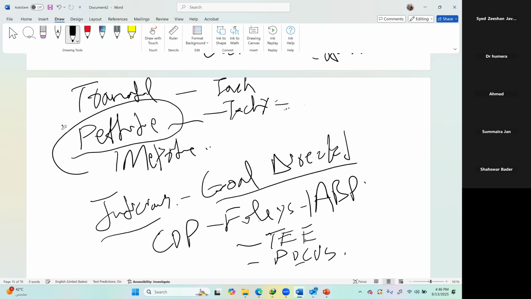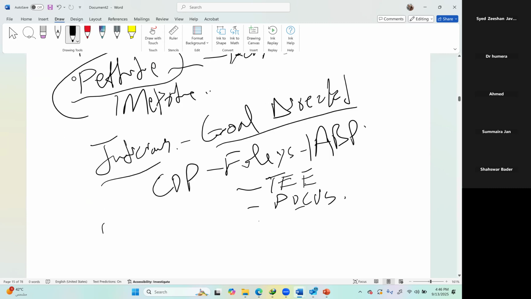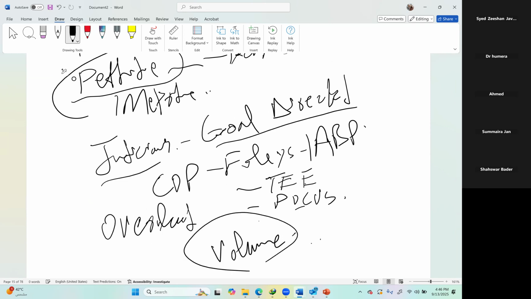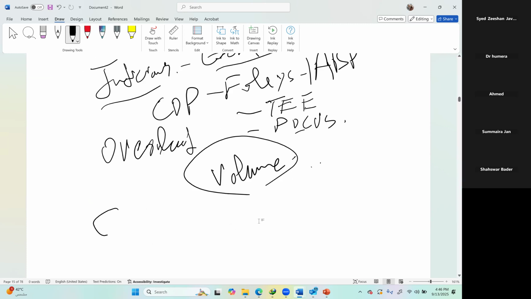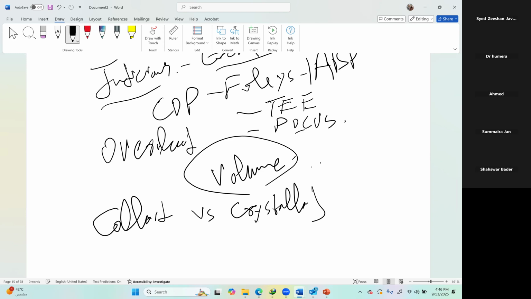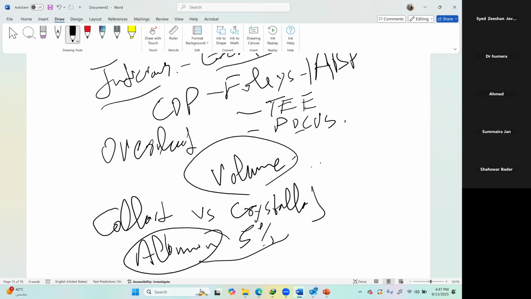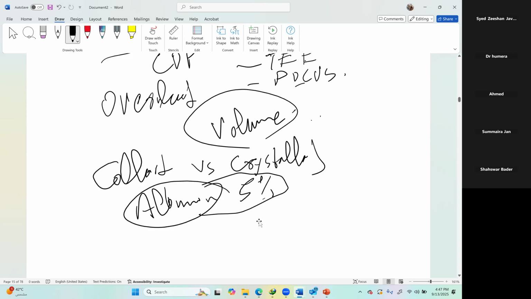Remember one thing: you don't need to overload, but you also have to maintain the volume, because if you are not able to maintain the volume, even that is a problem. Doesn't mean that you have to fear. Then you can use colloids instead of crystalloids. If you have a good colloid like albumin, that will be a better choice as compared to crystalloids. If you fear colloid-related problems like bleeding, renal failure and anaphylaxis, that's something else. But you can say that albumin is a relatively safer option.